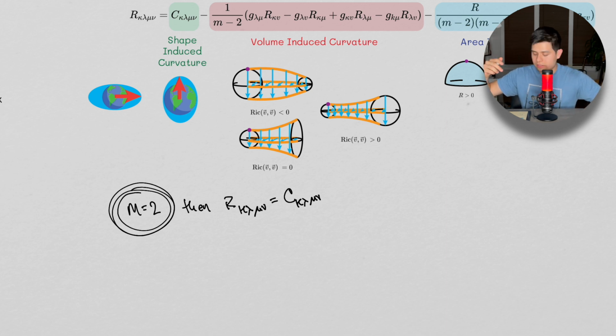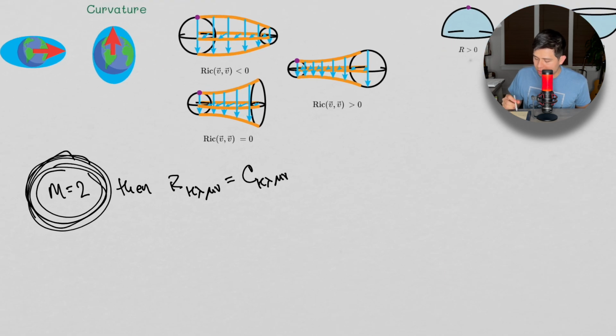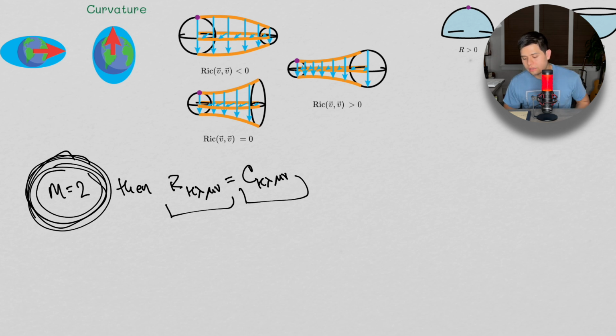The marvelous insight is, when he was talking about how 2 was special on that 4-hour-long thing with Joe Rogan, this is one of the reasons 2 is quite special, right? If the dimensionality of our manifold is 2, then our Riemann curvature tensor equals the Ricci curvature tensor. And that's quite interesting, right?